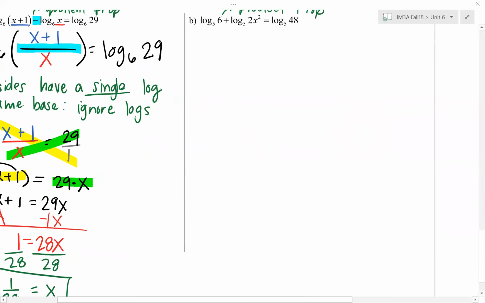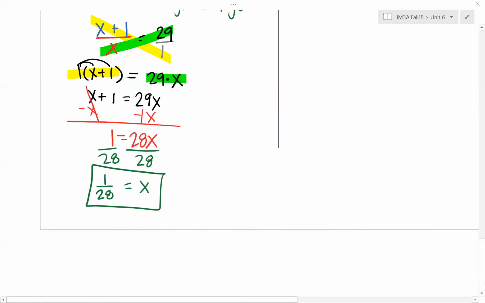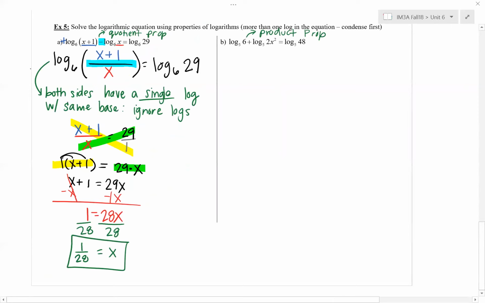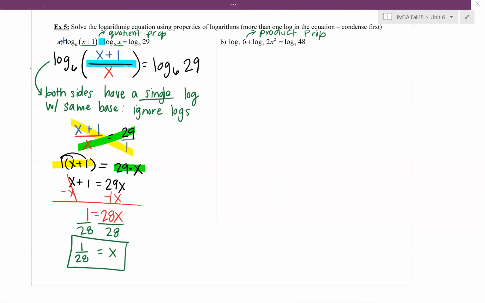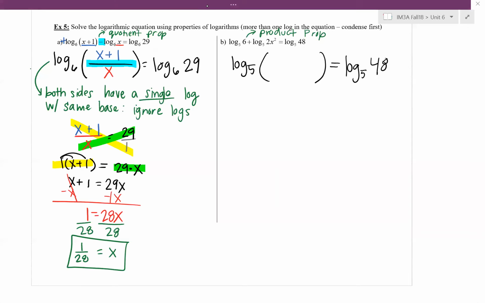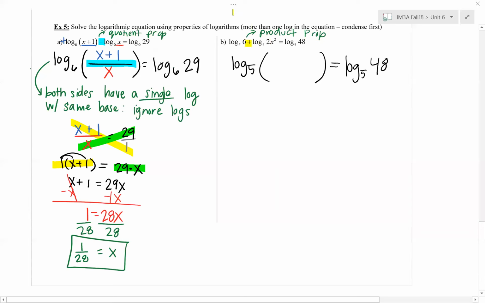Again, the big idea is to condense so that we can ignore our logs. We already said that we're going to use the product property for this one because we're adding our logs together. So we have a log base 5, and we're multiplying because we have addition.